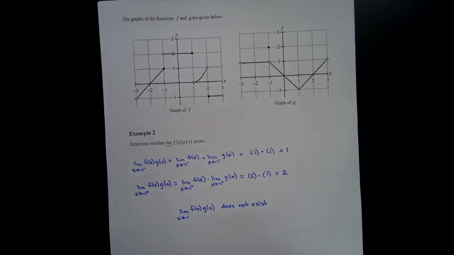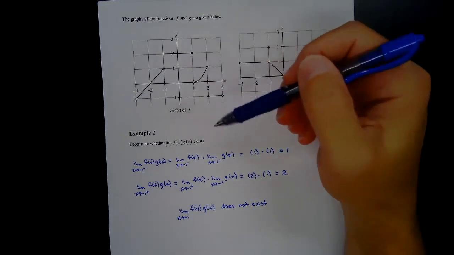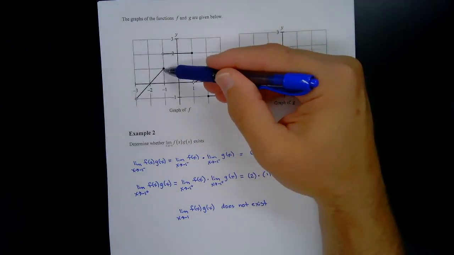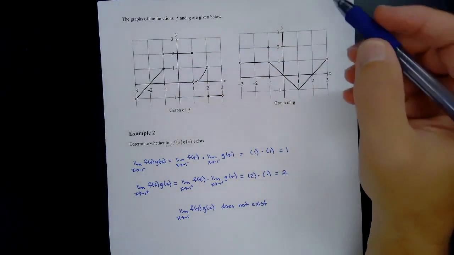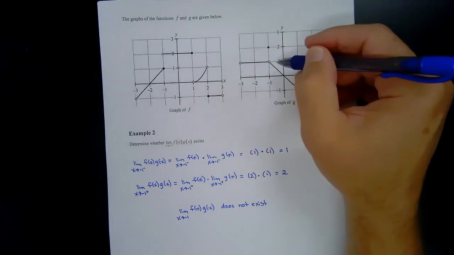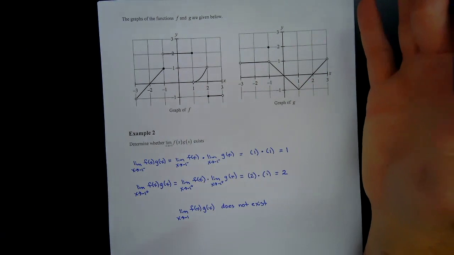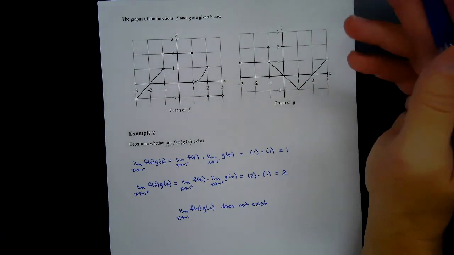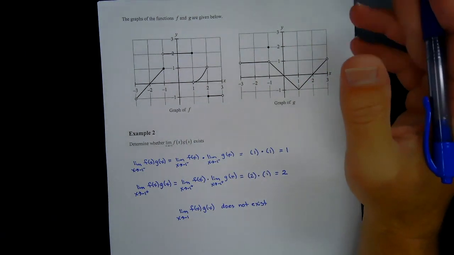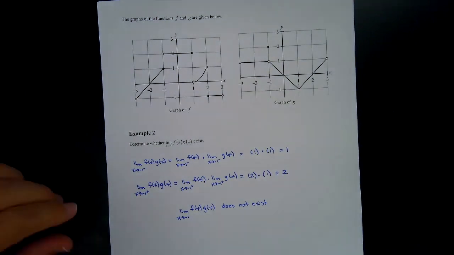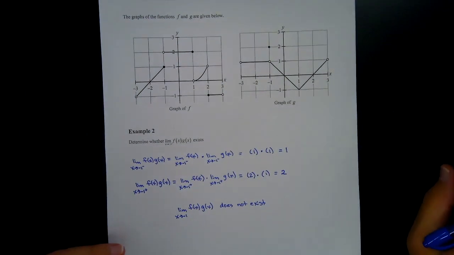If you try to do a direct substitution and plug -1 in for f, you get 1, and for g, you get 2, so you get 1 times 2, which would be 2. But that isn't right, because the limit actually doesn't exist. The left side and the right side of this won't agree. They won't come together. All right, so let's go to the next problem.